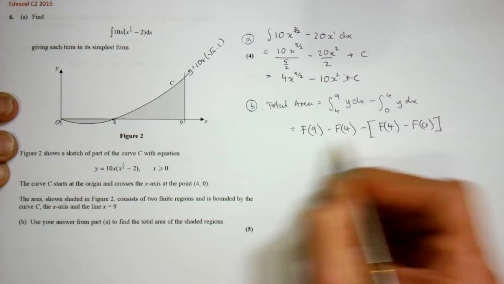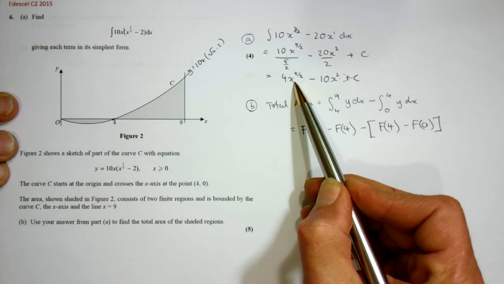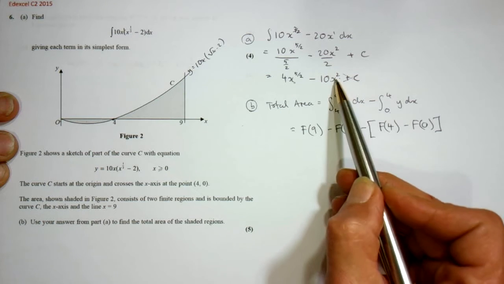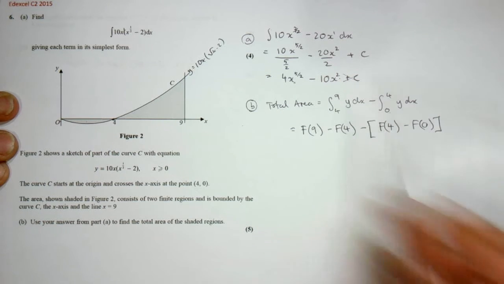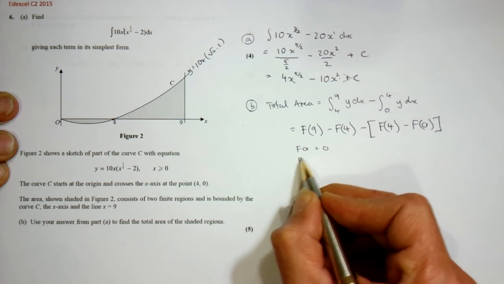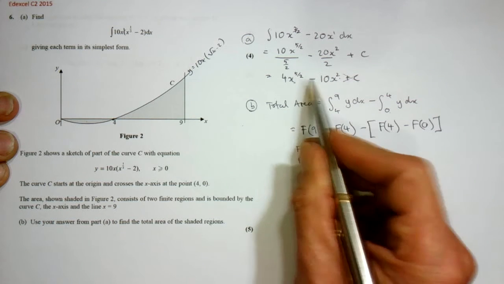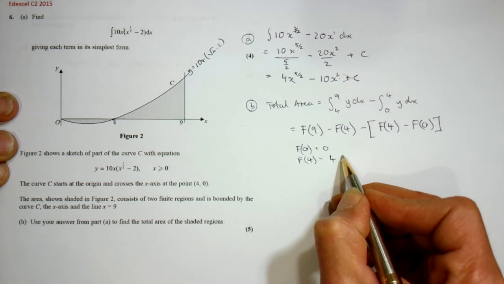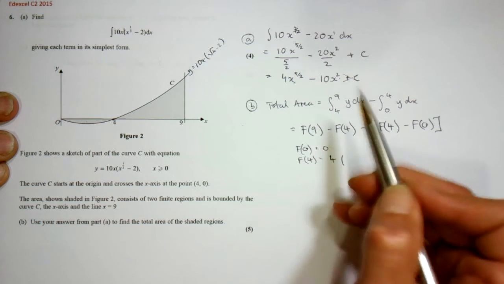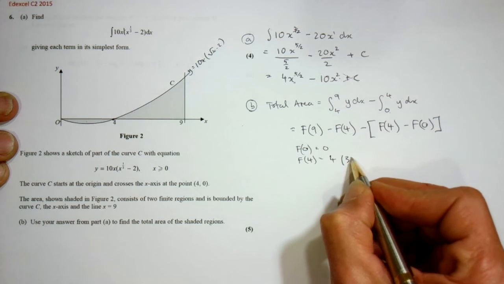But we can see that when we put 0 into here for x, substitute x equals 0, 0 to the power of anything is 0, 0 squared is 0, so both those are 0. So f of 0 is 0, f of 4 is equal to, sub 4 into here, so we've got 4 to the power of 5 over 2, which is square root 4, and then do it to the power of 5, so that's 32.